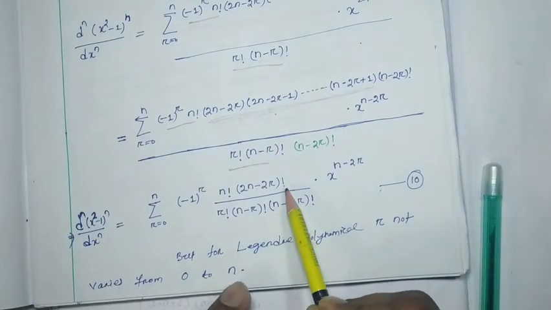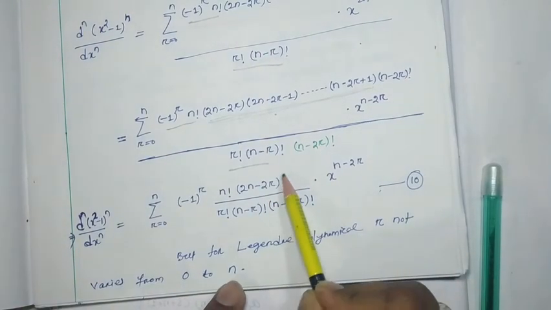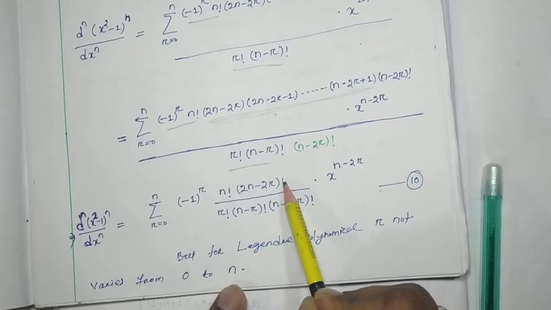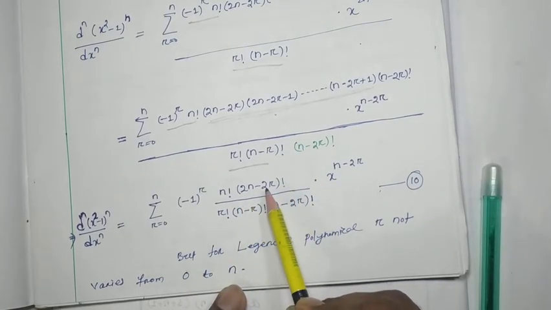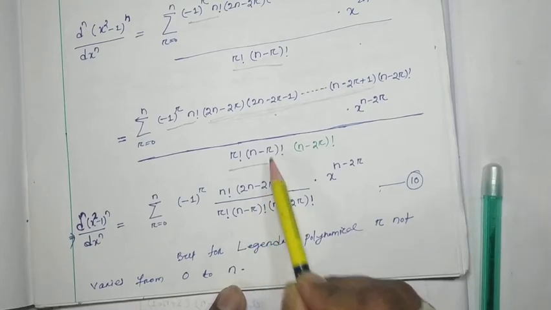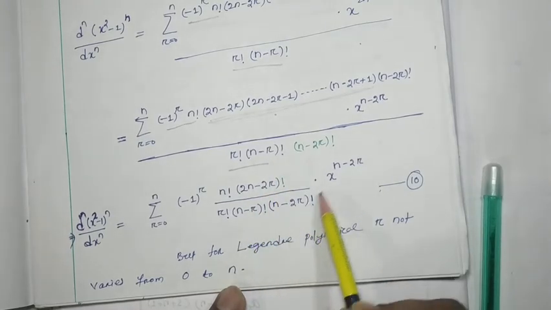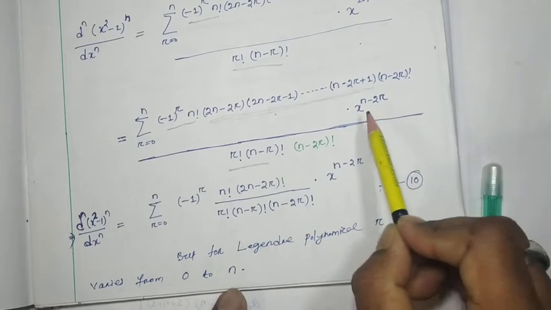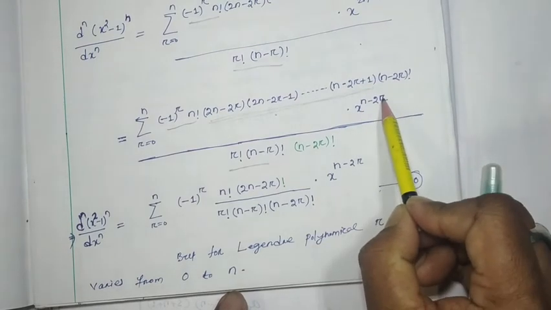Okay, here I forgot to write factorial, you just write it. 2n minus 2r factorial divided by r factorial into n minus r factorial into n minus 2r factorial into x to the power n minus 2r.